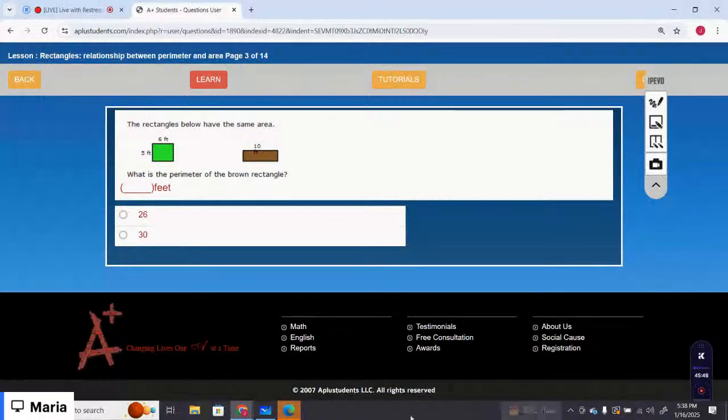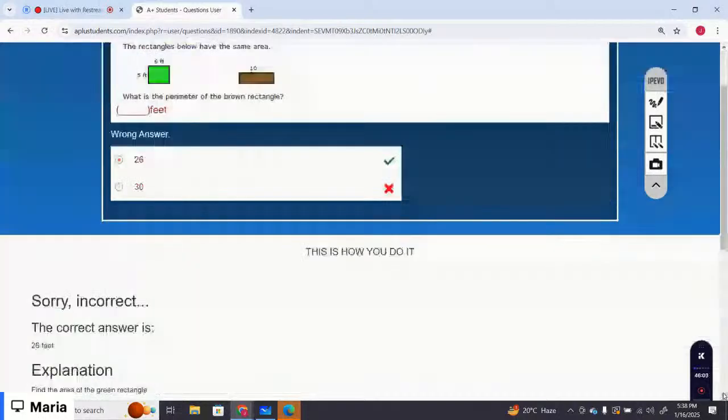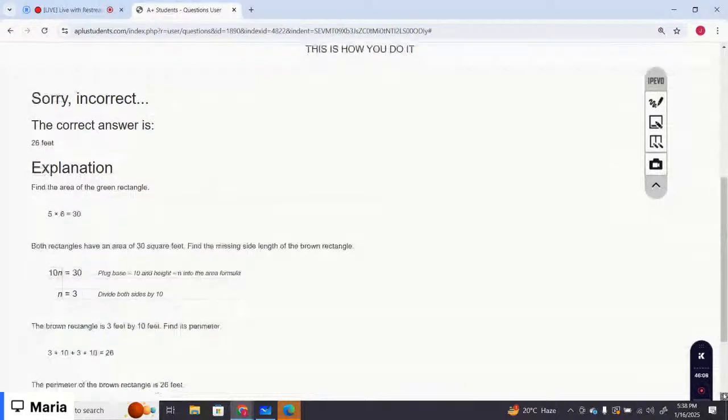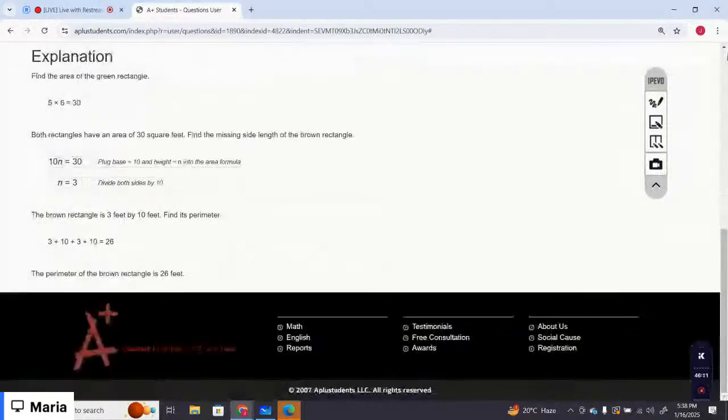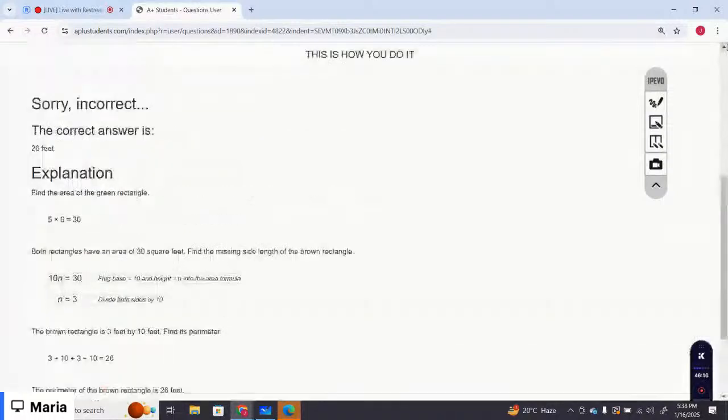Option number 2 is the correct option. The perimeter of, let's see, 26 it is. They have the same area. Oh yes, that is 26. Option number 1 is the correct option.